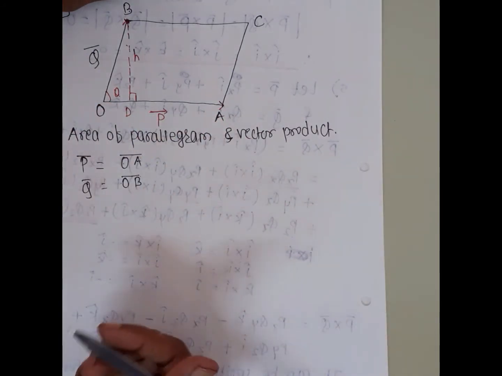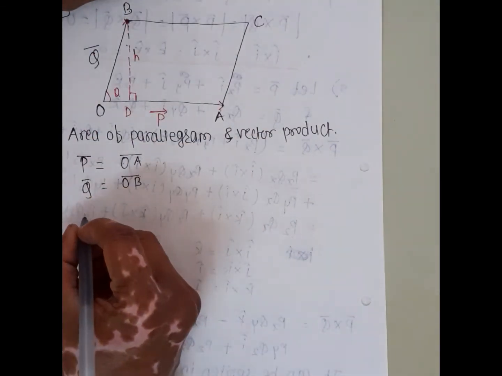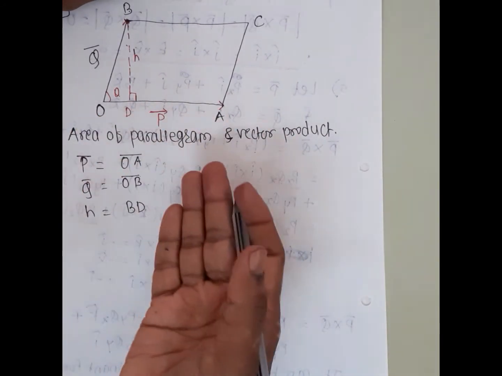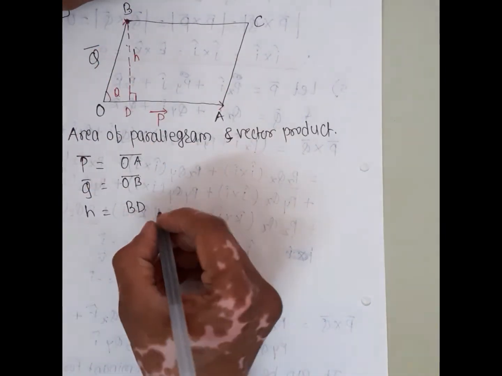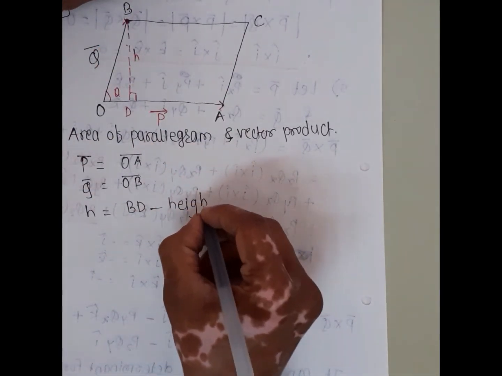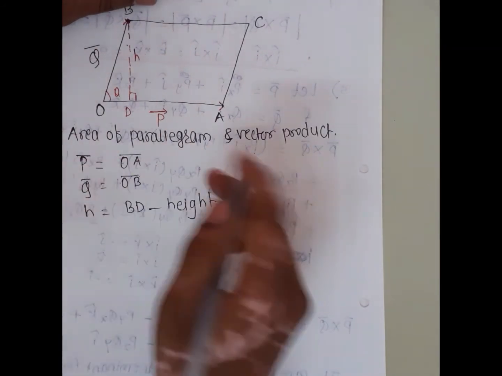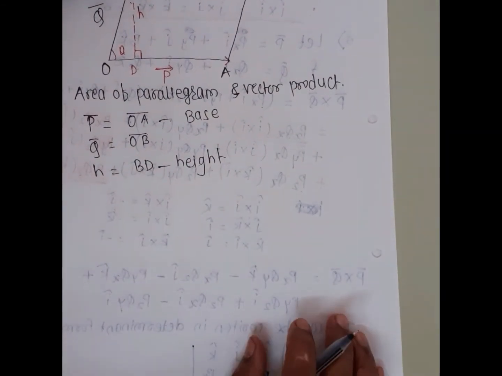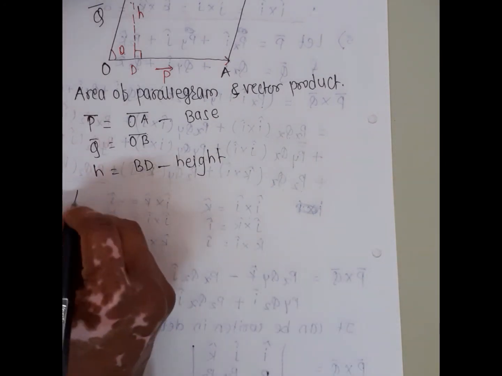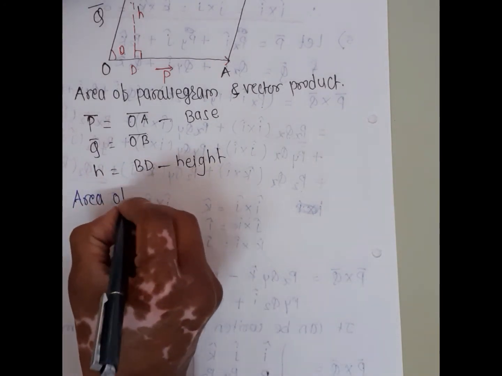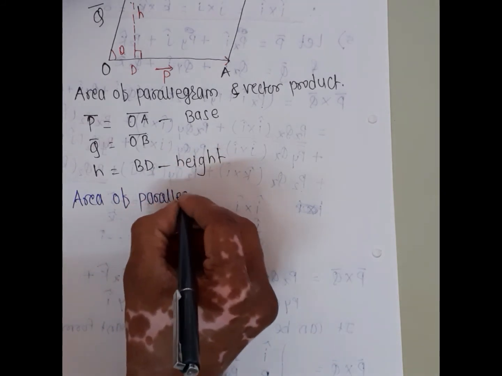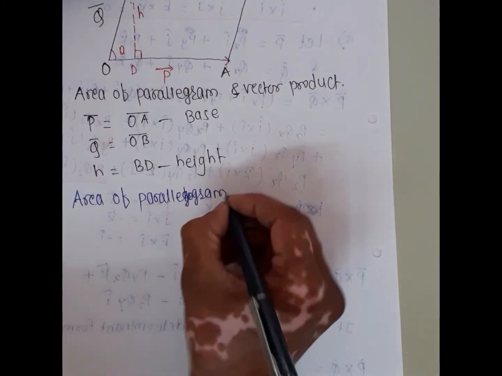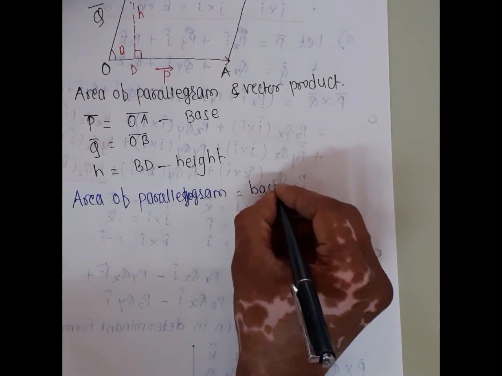So now we find the area of the parallelogram. Firstly, h is equal to BD, the height, and OA is the base of that parallelogram. The area of a parallelogram is equal to base into height.